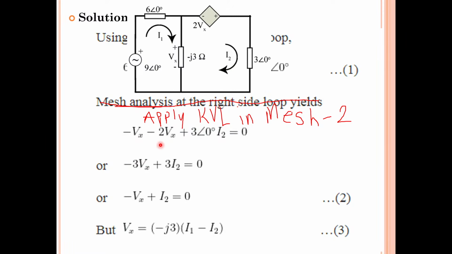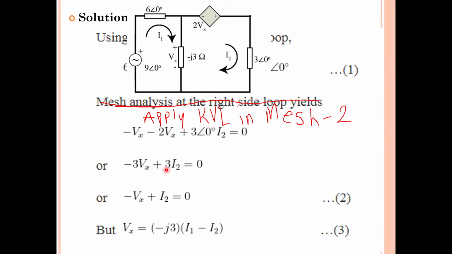Now, minus Vx and minus 2Vx is there. So what do you get from this? Minus 3Vx plus 3∠0°. Whenever the phase angle is mentioned as 0, you can neglect it. 0 degree is nothing, it does not exist at all, therefore you can neglect it. I have written only 3I2. So minus 3Vx plus 3I2 equal to 0.